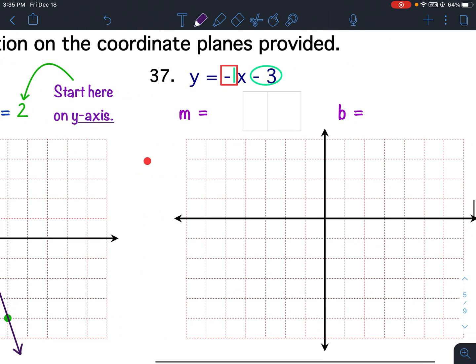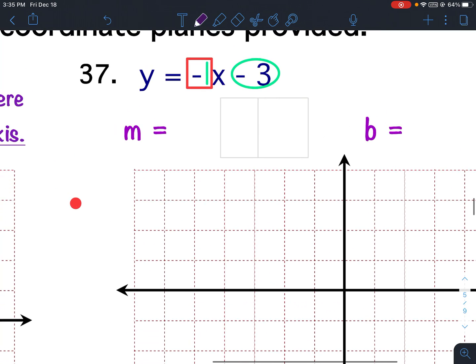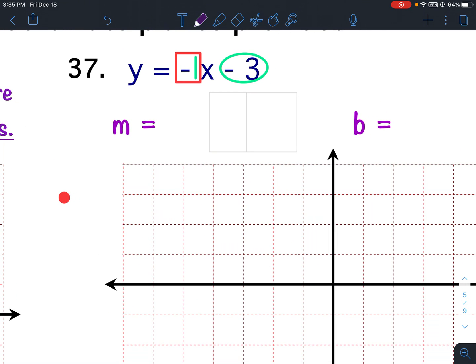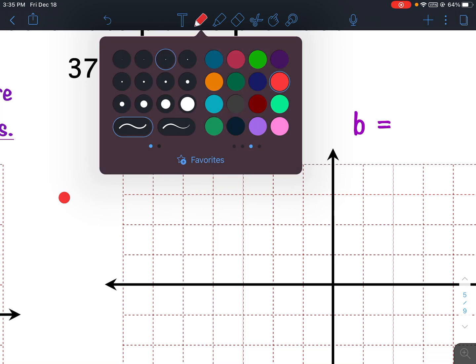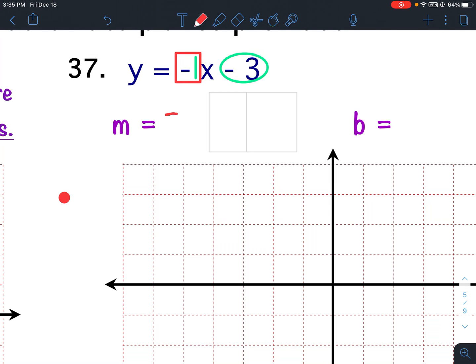Number 37. There was no number in front of x, so I put a 1. So the coefficient of x is -1. That means my slope is -1. But again, I need it to be a fraction because I need a rise over run.